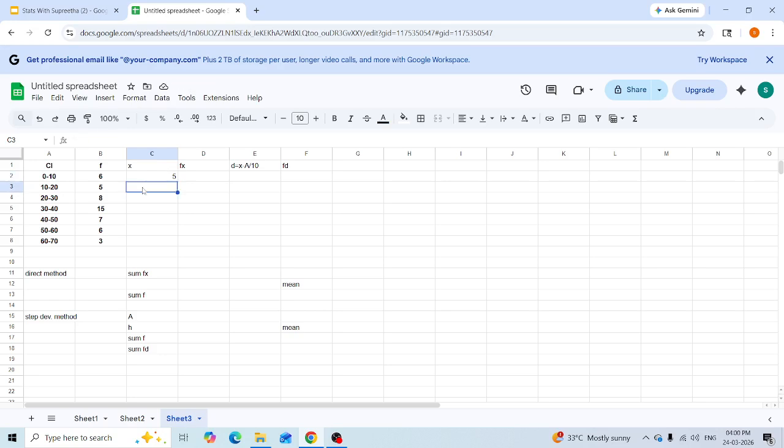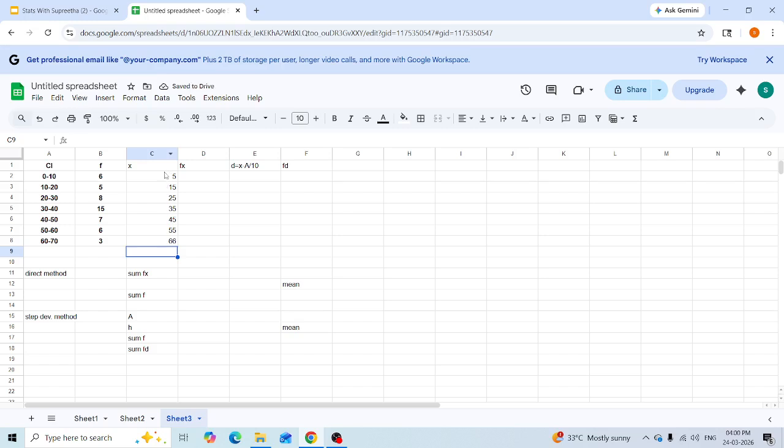Similarly, do it for all. That is 10 plus 20 divided by 2, we'll get 15. Here it's 25, 35, 45, 55 and 65.